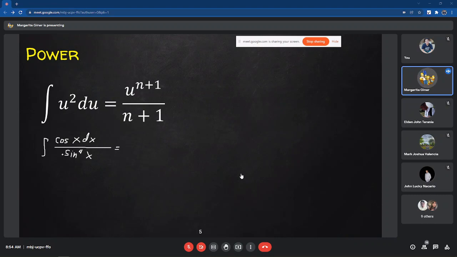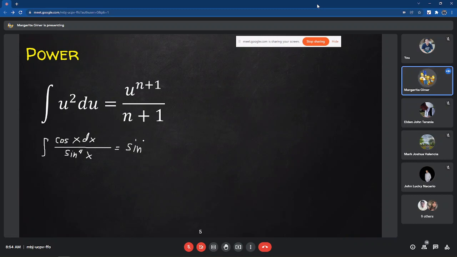So, how do you convert it into the power rule? It is in rational or fraction form. So, transfer the sine to the fourth upward so that it is no longer in rational form. So, what you do is transfer the sine raised to the fourth to the numerator.